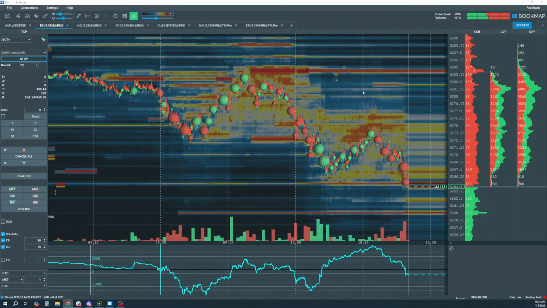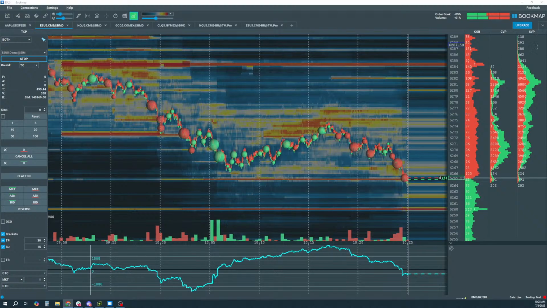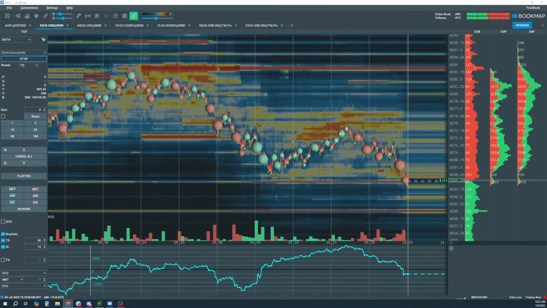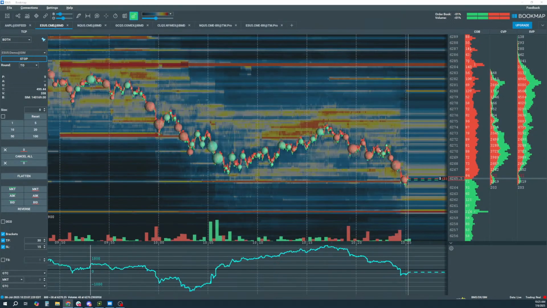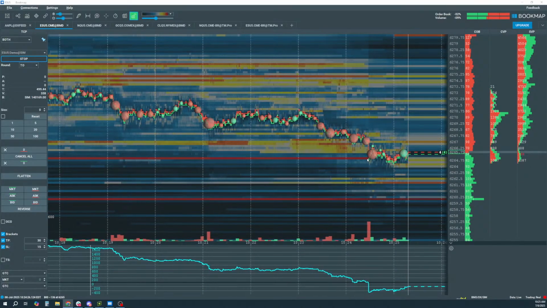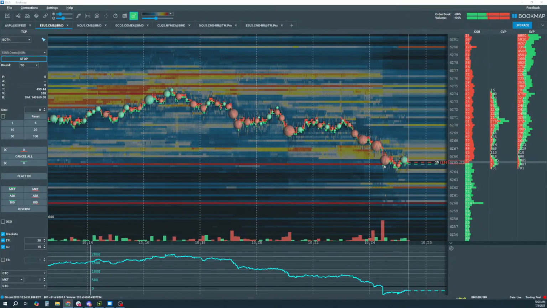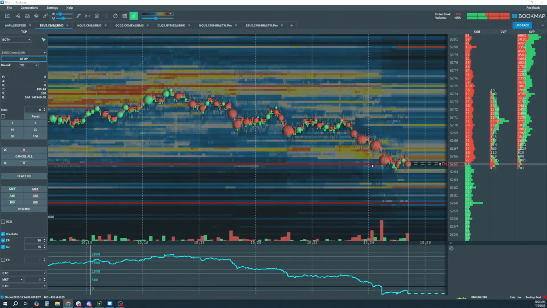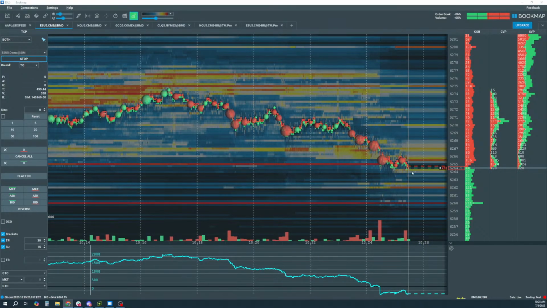Okay, so for example, right here, we gave the edge here to the sellers just because of the structure, and there's buying and selling on both sides in here right now. Okay, so well, look what we just did. We just sold off into this high liquidity here. Okay, now are we out of the woods just because we hit these buyers down here? That helps, but now we're looking for more context.